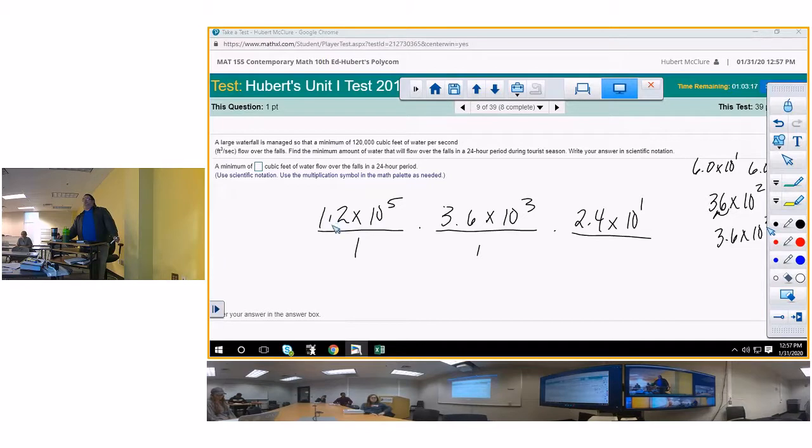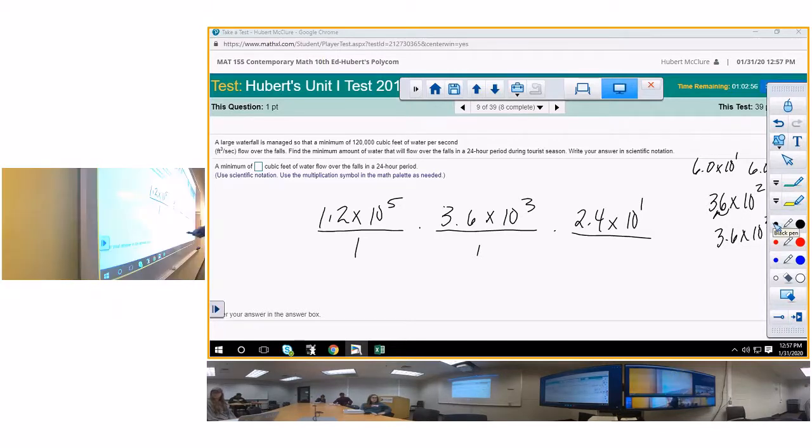What was this one? Was it to the 5th, to the 3rd, and to the 1st? It should be. I have a feeling we might have that one wrong, or let me go ahead and do this one. I'm sorry. It just feels like I have this feeling whenever I think I've gotten something wrong.